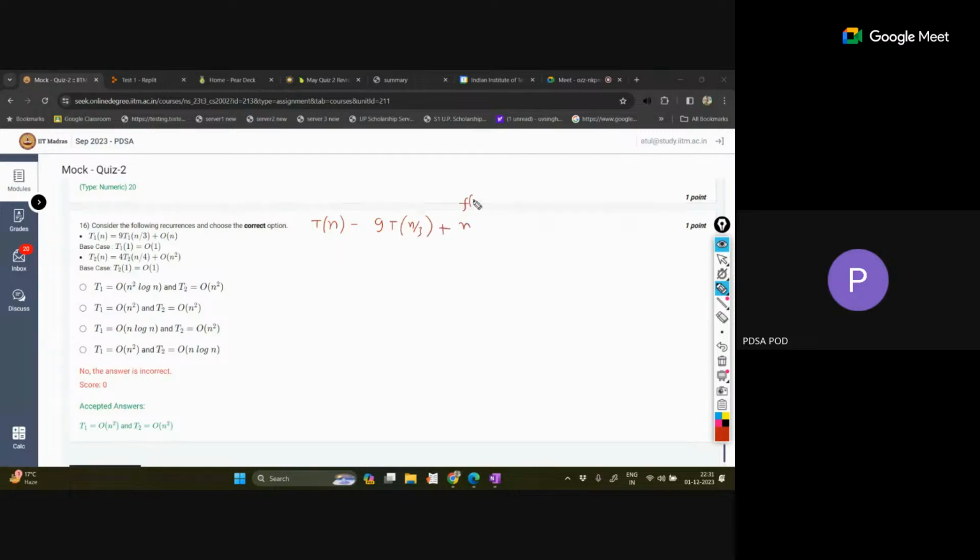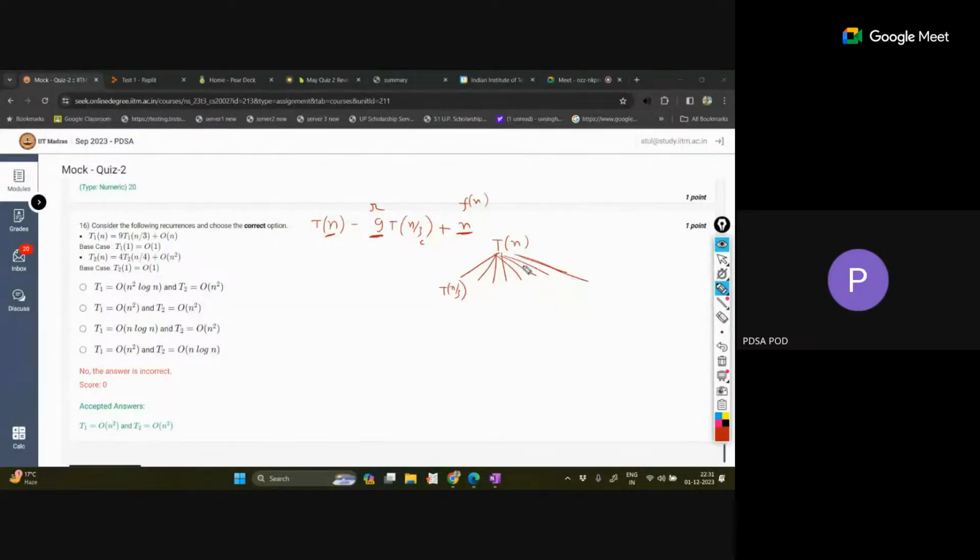This is the f(n) value, this is the r value, this is the c value. Now if you draw the recurrence tree, the first step is T(n). In the next step there are 9 calls, that means 9 children. Every step has T(n/3). If we have n input, n steps are required at this level.